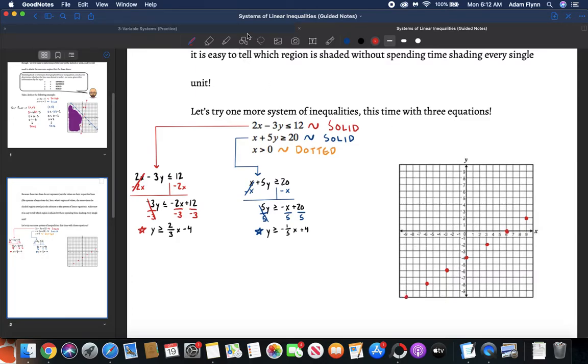So I can connect all these points and put some arrows. All right, perfect. And it's a solid line, so I'm not going to make any dashes or separate this line at all. So now I can do my blue line, also a solid line.